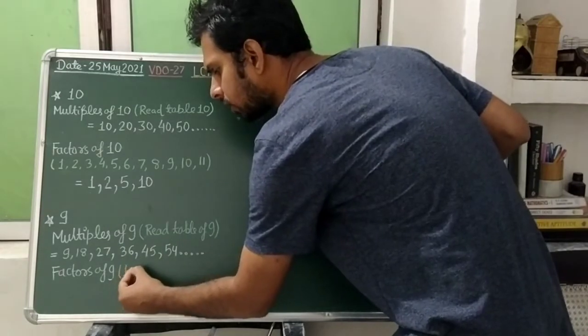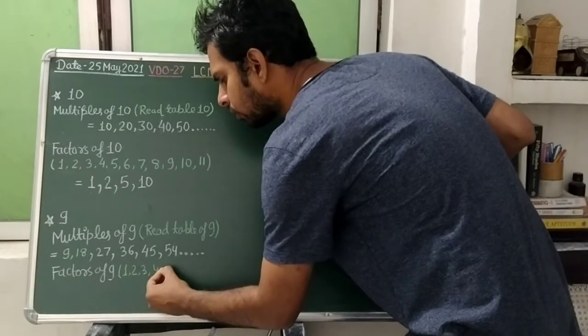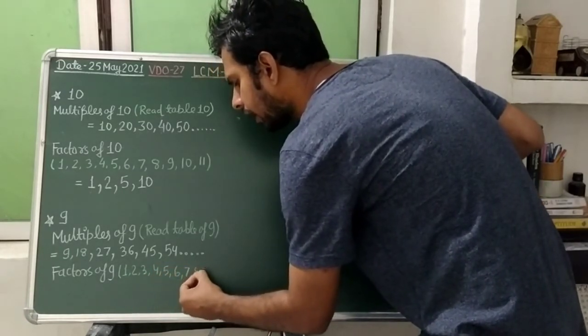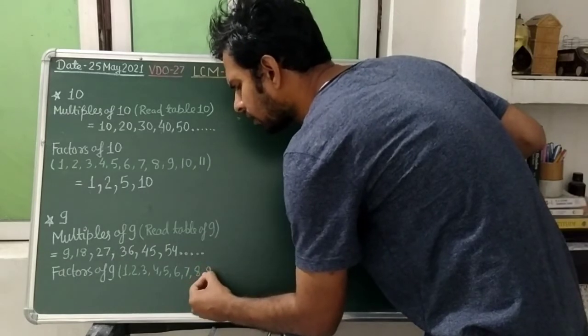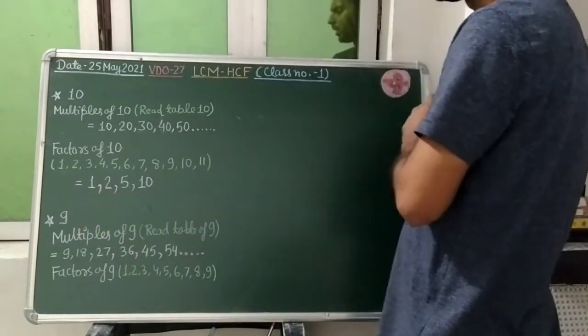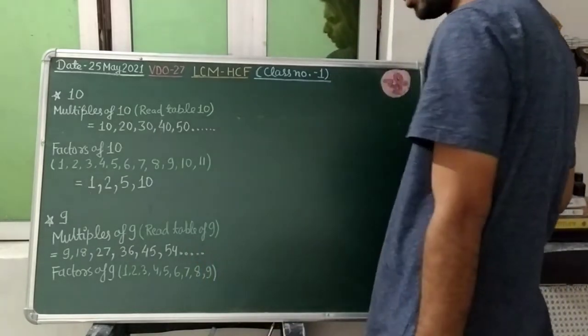So 1, 2, 3, 4, 5, 6, 7, 8, 9. Since here the number is 9, there is no need of writing 10 and 11. You can write up to 9.